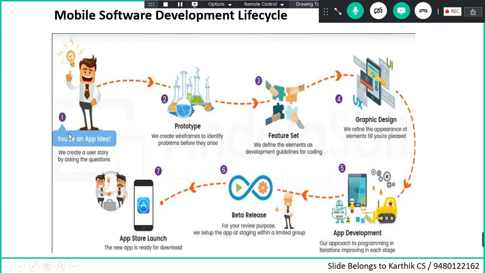It starts with an idea. The idea will be prototyped. Based on the prototype, the features will be set. Based on this feature set, the UX and UI designs will happen. From there the development starts, then the beta release will happen and the distribution will happen.